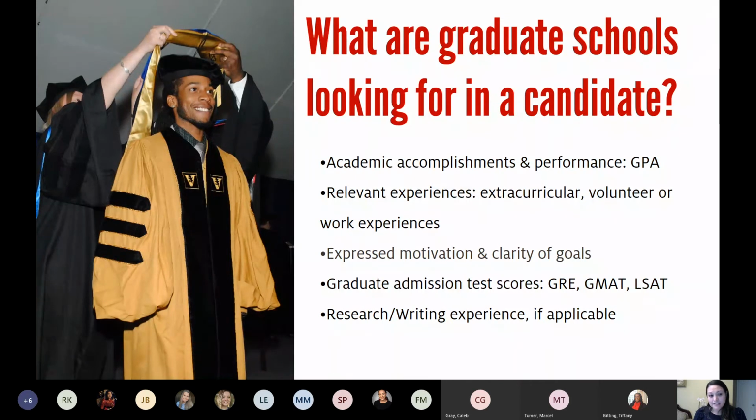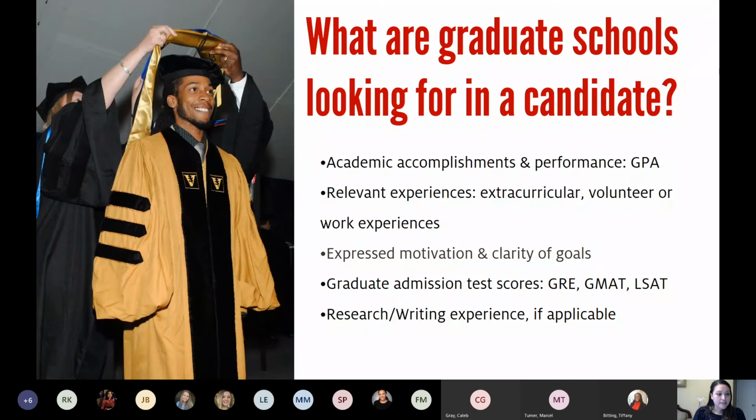If you're able to show that on a resume, or pinpoint how that prepared you in your personal statement, this is really what's going to help you stand out, especially if it is relevant to the field that you are entering.